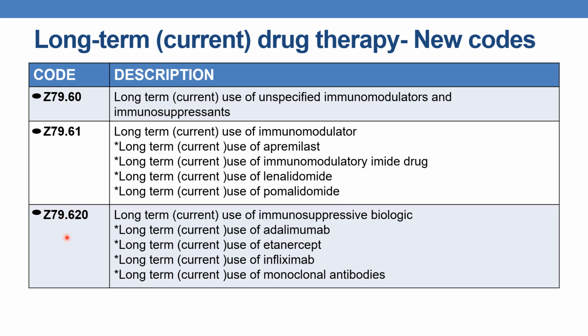The next is Z79.620, long-term use of immunosuppressive biologic, or long-term use of adalimumab or etanercept or infliximab or monoclonal antibodies. Whenever the physician documents any of this, the code is Z79.620.